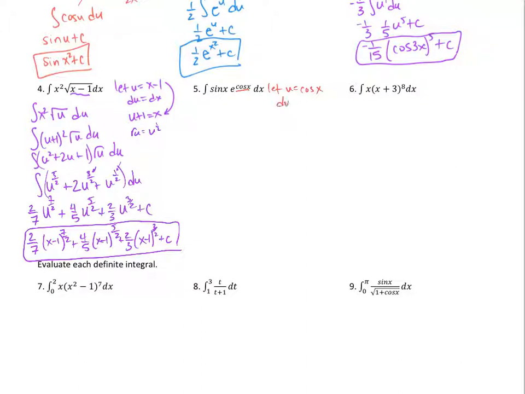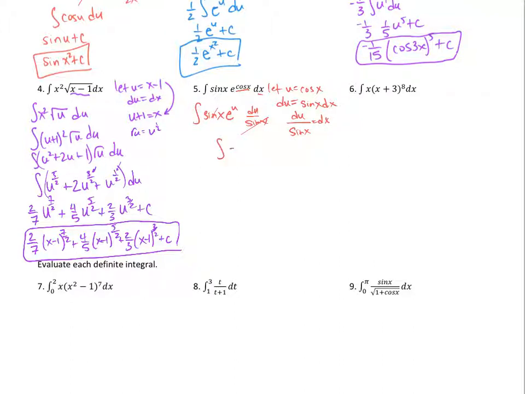Over here, du equals negative sine x dx. So du over negative sine x is what the dx is. So we've got the integral of sine x e to the u, and then this dx became du over negative sine x. And those will reduce.